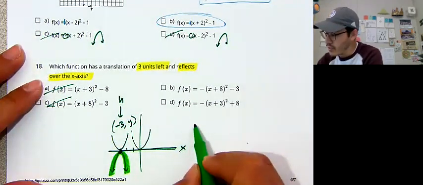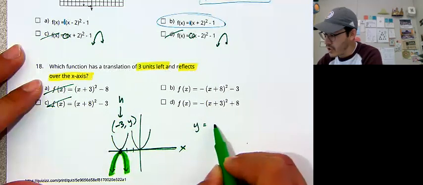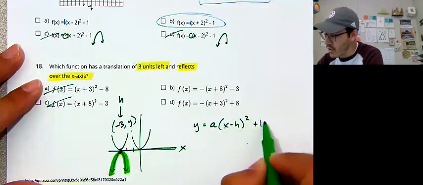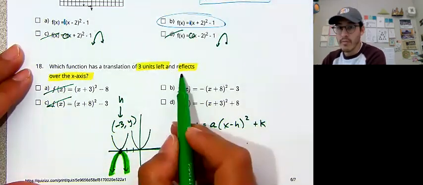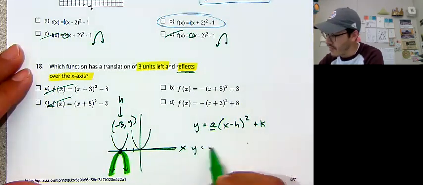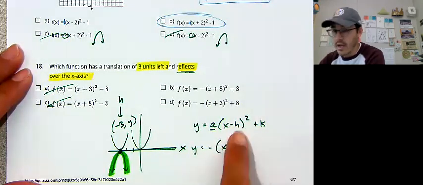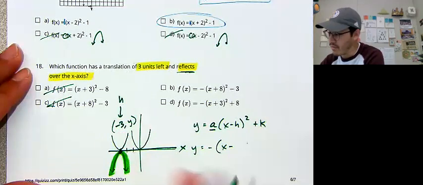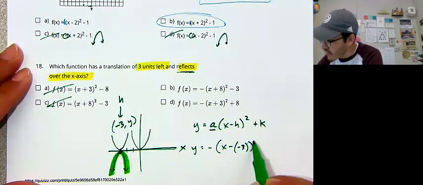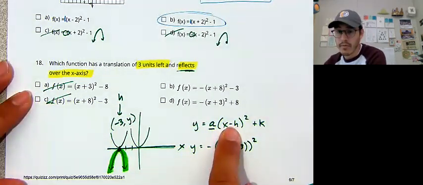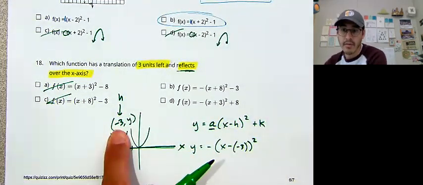So if we were to start with the generic expression y equals a, x minus h squared plus k, because of the reflection, we know that a is going to be negative. And because h is related to the horizontal shift, and we've gone 3 units left, that's how we know the h value will be -3. Now here's again where you've got to pay attention to signs. There's a minus sign from the formula and there's a negative sign from the h value.